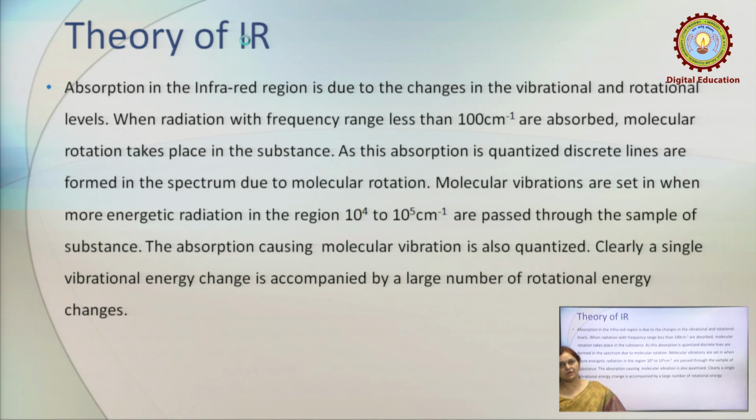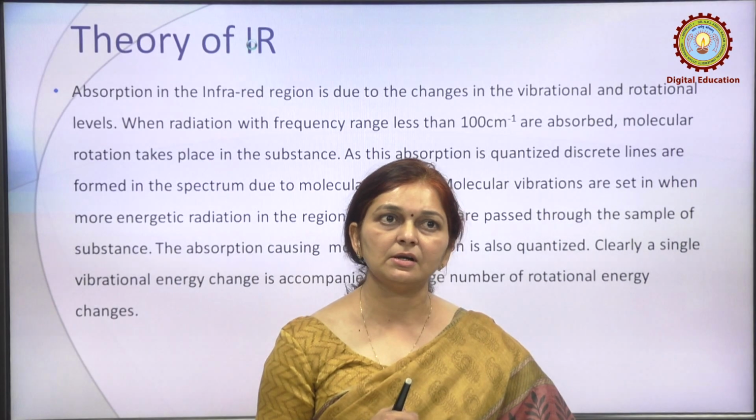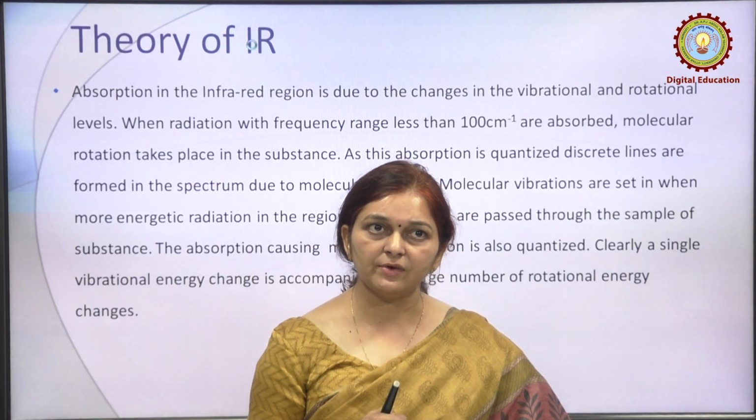Now come to the theory part of IR spectroscopy: on which theory it is based and how absorption is created in the IR. Absorption in the IR region is due to changes in the vibrational and rotational levels.